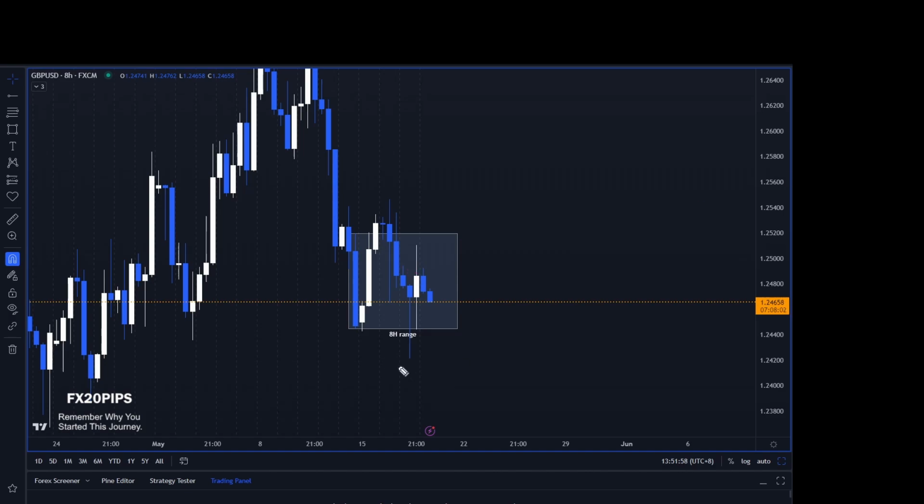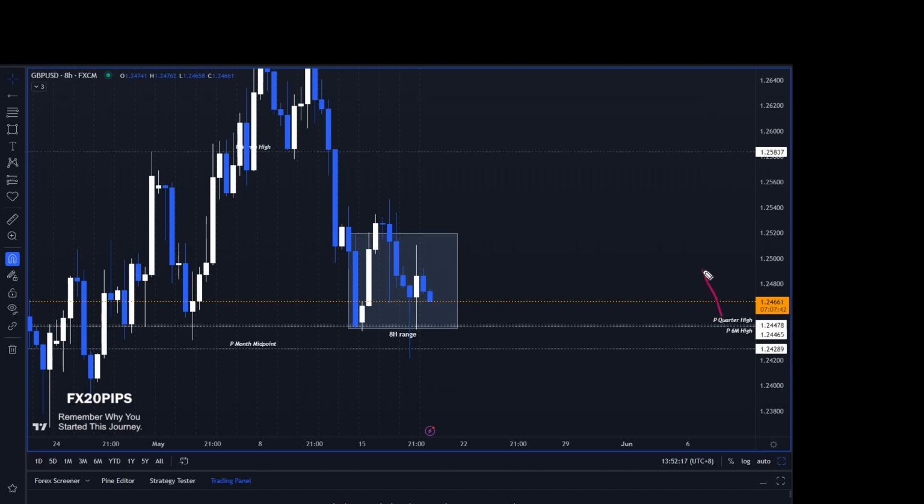Anyway, as usual, I'm always interested why the price bounced here, why the price stopped here. In my previous video, I have explained and shown to you because of all the major points here: the 3 months high level was here, the half year highest level was here, and the previous month, which is April, midpoint was here.